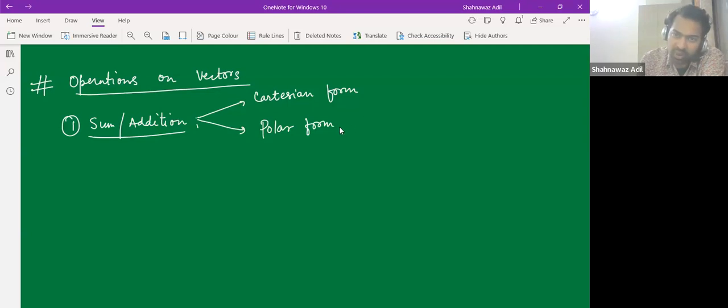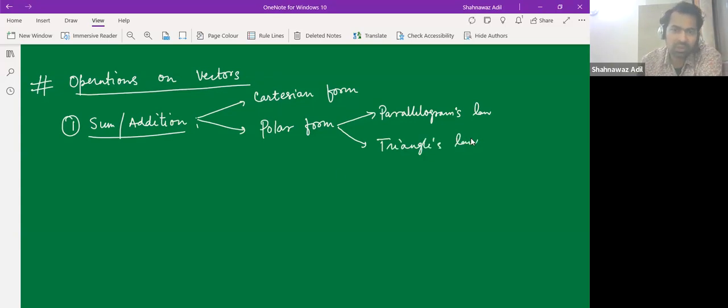For the polar form, we will talk about two things: one would be the parallelogram law, and the other one is the triangle law. These are the two laws for the polar form. In the Cartesian form, the vectors are given in I, J, K form.